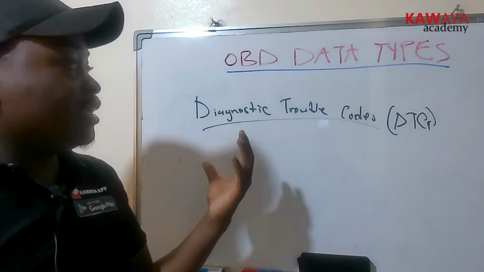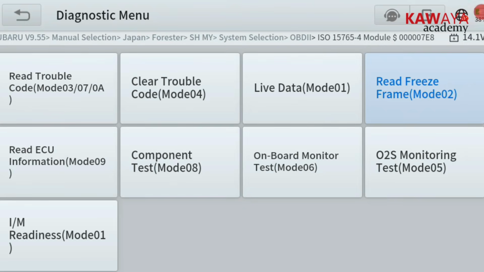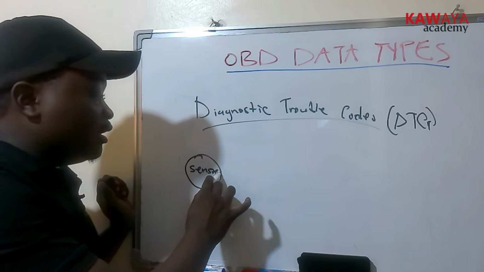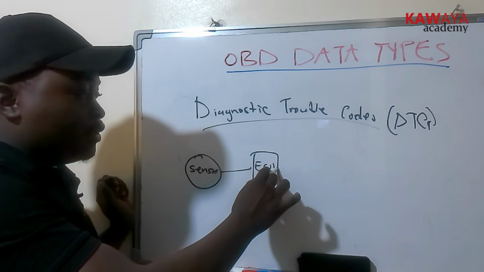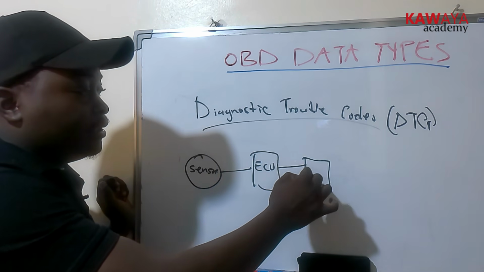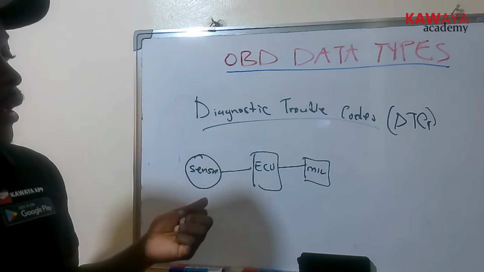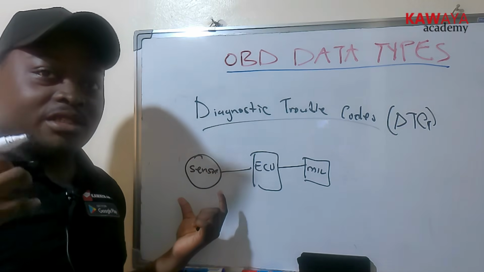Okay, so if you hear anything like a trouble code, this is how it is. In a car, we have sensors, we have the ECU, and we also have the check engine light. Now sensors in the car help you to monitor the vehicle's health.